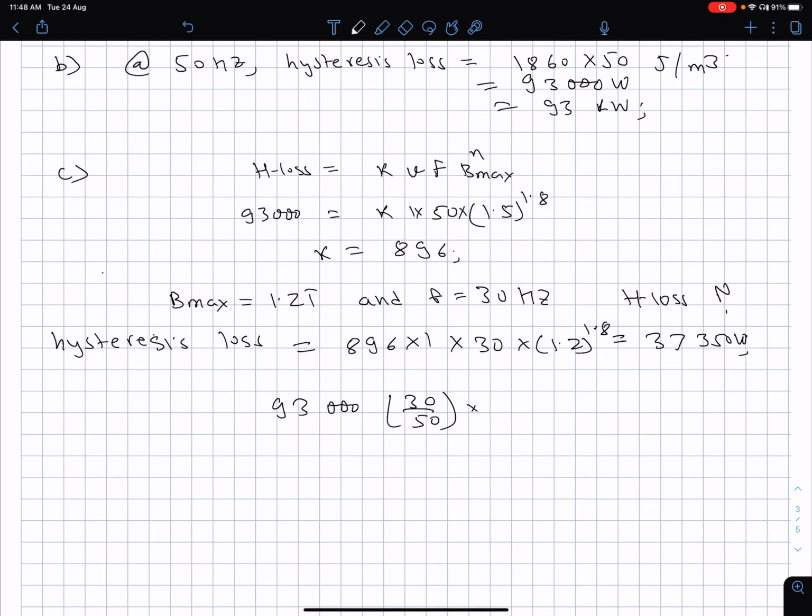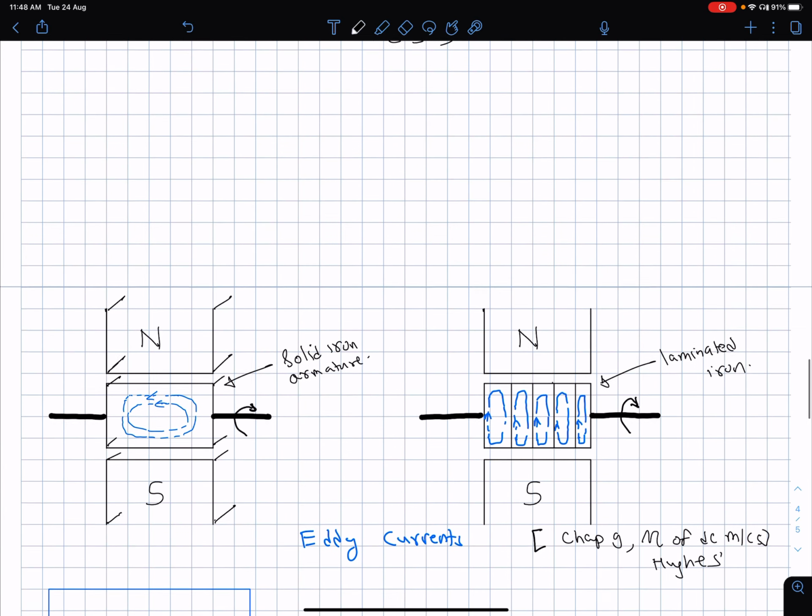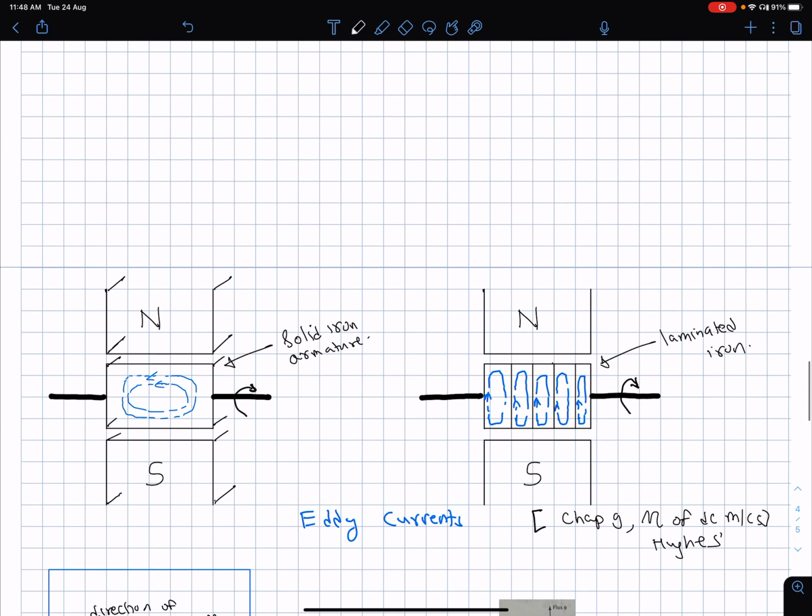And when you reduce Bmax to 1.2 instead of 1.5, it will reduce by a factor of 1.2 by 1.5 to the power of 1.8, which will again give you this same number, 37,350 watts.